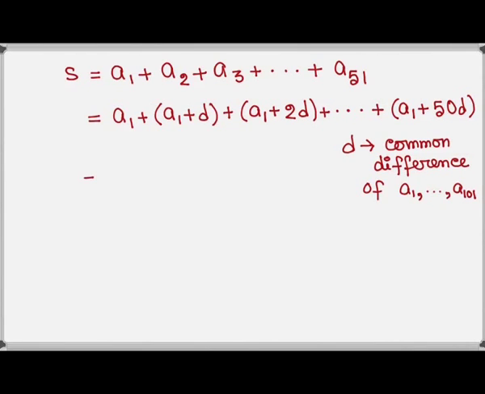Now if we collect all the a1s together, we get 51 a1, and from the remaining terms we take d common and we get 1 plus 2 plus so on and so forth up to 50.